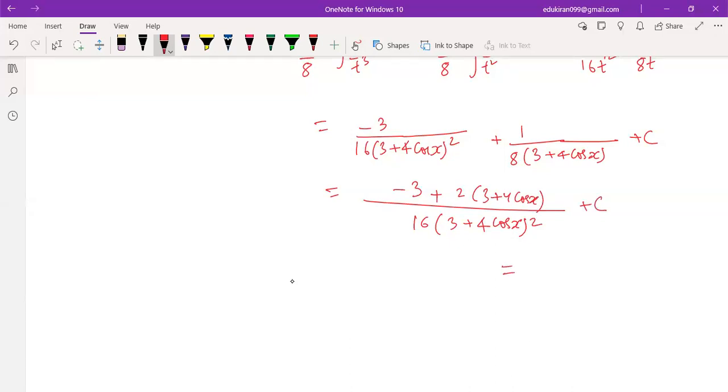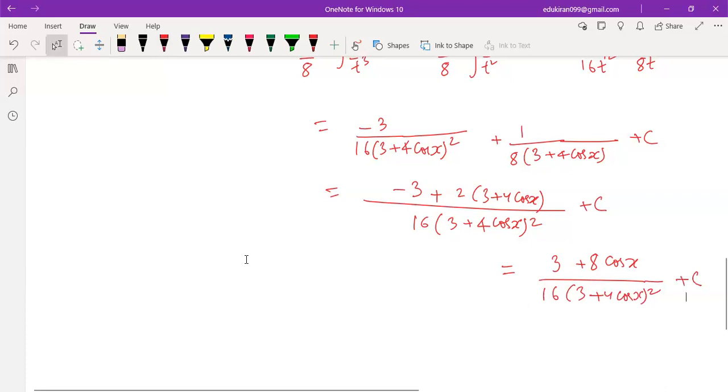So it would become minus 3 plus 6 is 3 plus 8 cos x by 16, 3 plus 4 cos x whole square plus c. So answer would be this. Now you can write it from here.